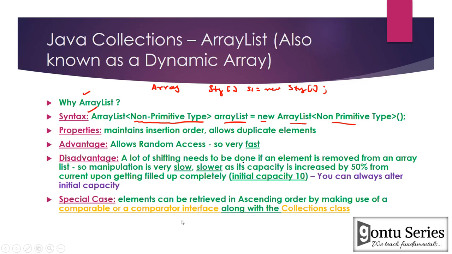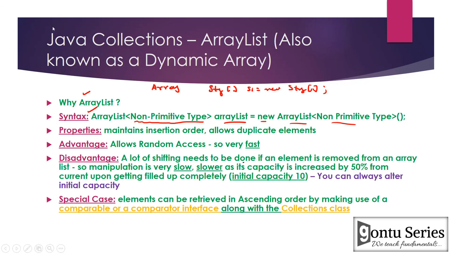But if you do not want the default way, then you have to write a class separately, like a population comparator, which is going to implement the comparator interface. So you can pass that along with the array list of that type to the Collections method sort, and it's going to sort the whole array list of that non-primitive type.